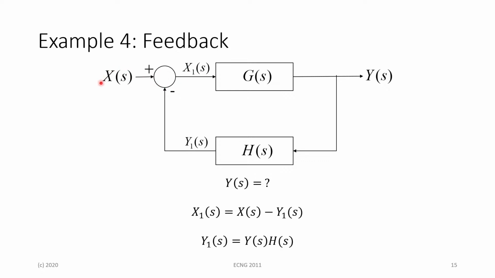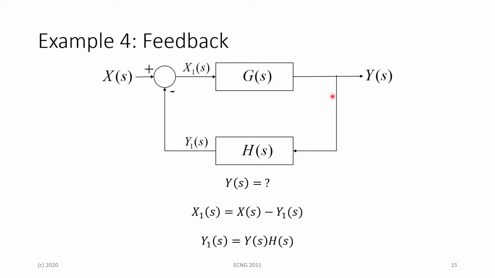There's x of s, and then we have this negative feedback coming in from y of s. Let's say the output from the negative feedback is y1 of s. So x1 of s is going to be x of s minus, because we have this negative sign, y1 of s. The next question is, what's going to be y1 of s?